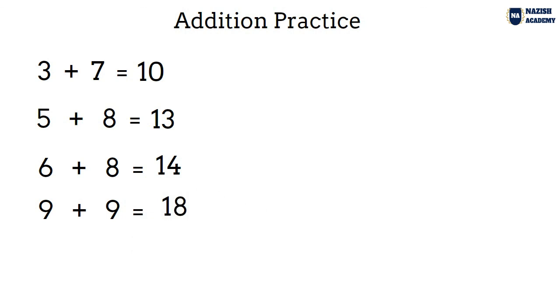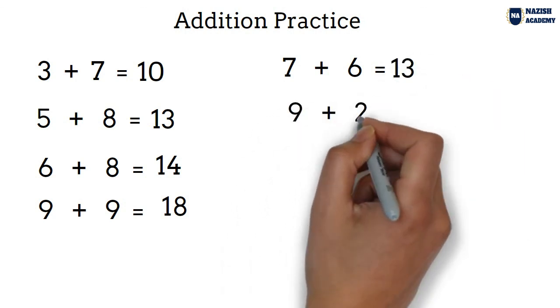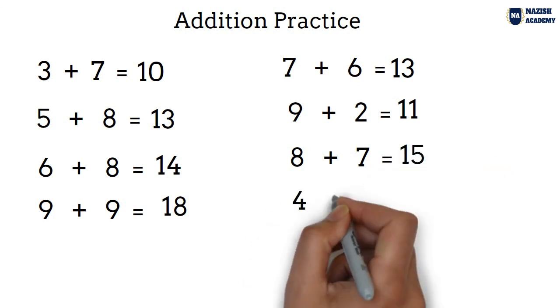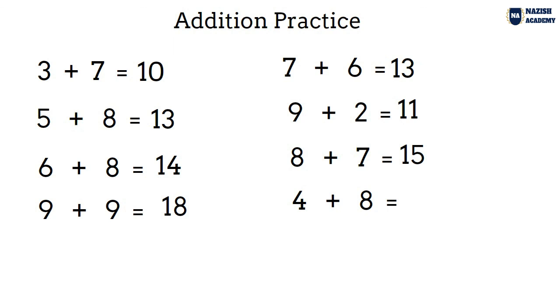And next question, 7 plus 6 is equal to 13. Next, 9 plus 2 is equal to 11. Next, 8 plus 7 is equal to 15. And last, 4 plus 8 is equal to 12.